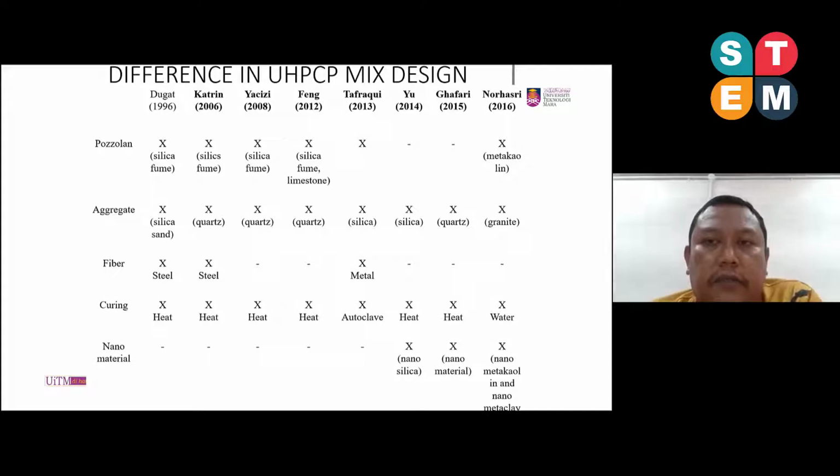Another difference between my mix and the others is the application. The nanomaterial adopted in this design is not being used by other researchers, and I'm neglecting the use of silica and also fibers, especially carbon fibers, because they are not cost effective, especially in Asia.